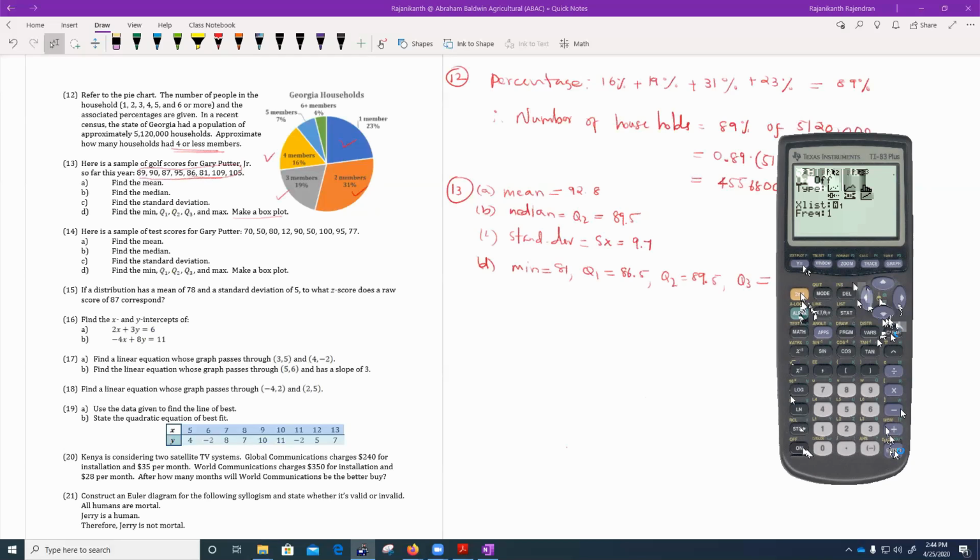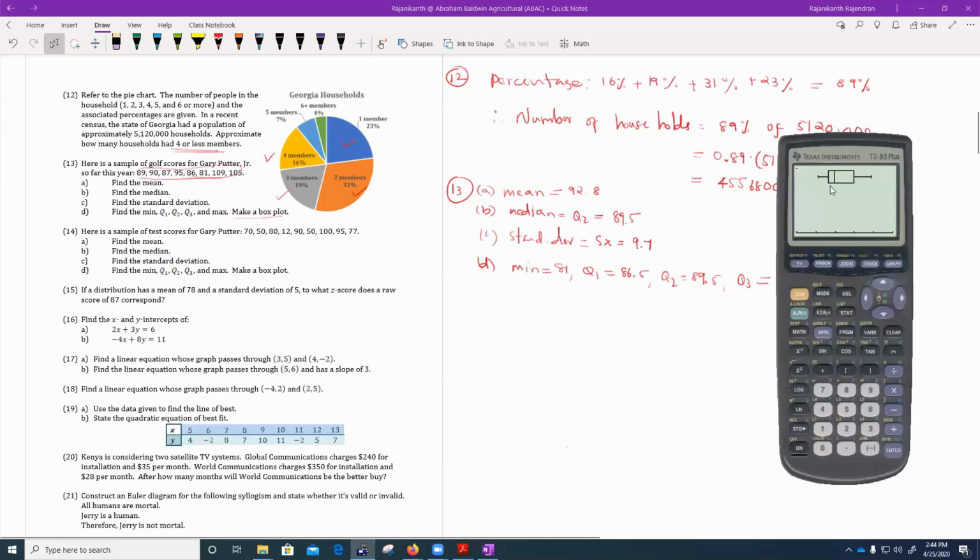I'm choosing the fourth one because that is the box plot, and enter that. So yes, we are in the box plot now. Go back here. Okay, that's it. Now graph it. So you get the box plot.